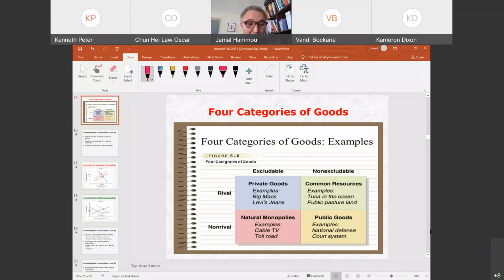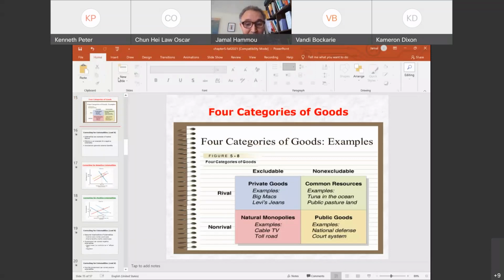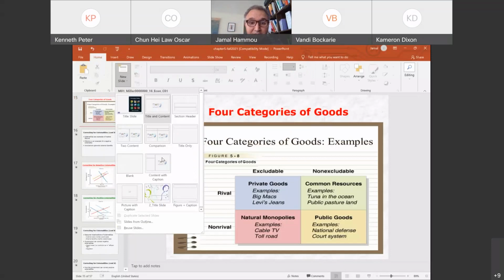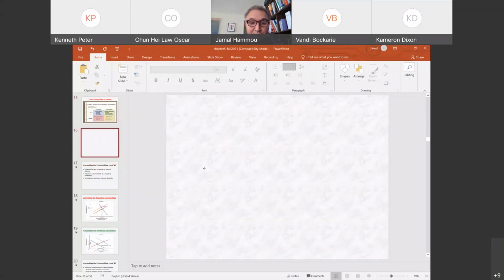I'll give you an example of an alarm system in your house. Say 3 people are living in the same house: person 1, person 2, and person 3. If person number 1 decides to buy the alarm system, the other people can benefit.